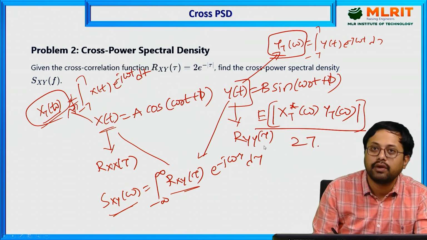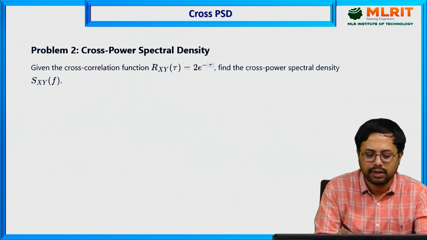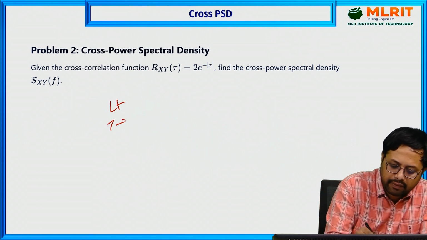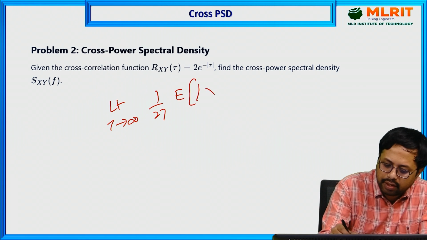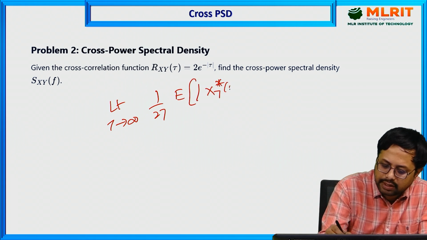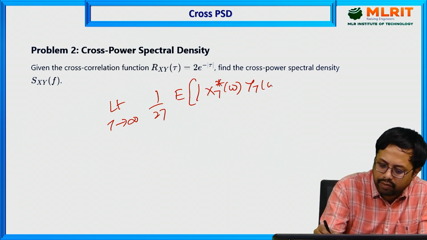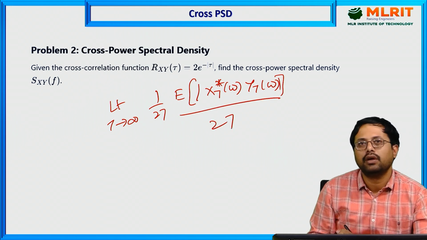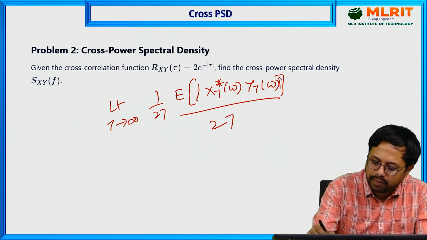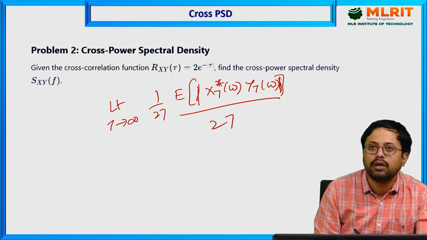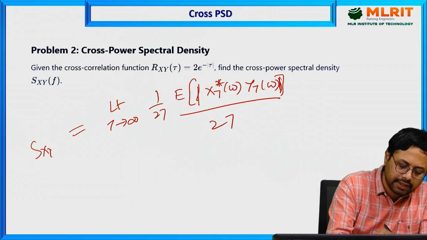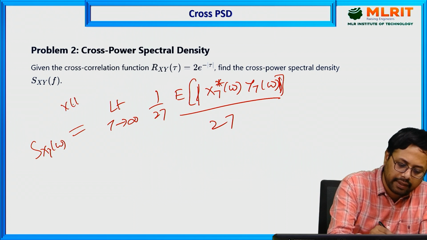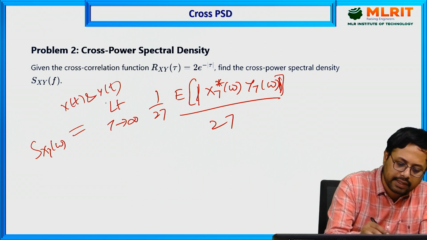The second definition is limit T tends to infinity of 1 by 2T expectation of modulus XT star of omega YT of omega. If you solve this, you will get the cross PSD for x of t and y of t. This is the second approach.